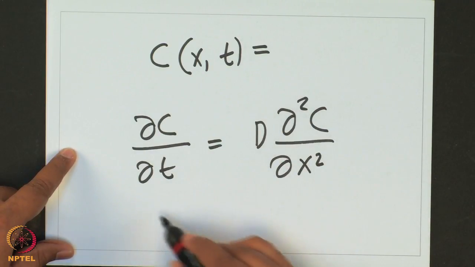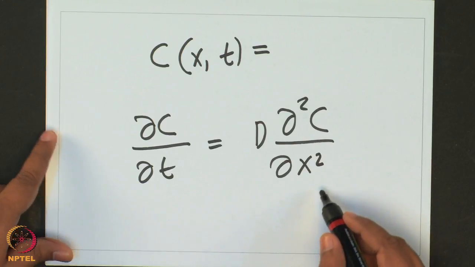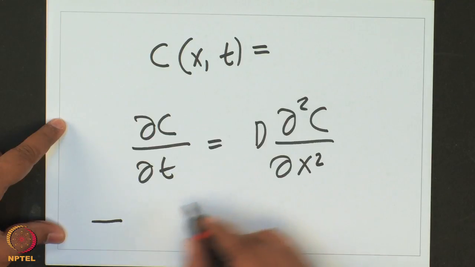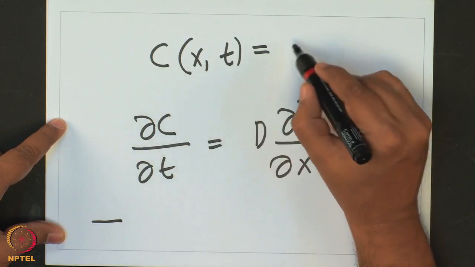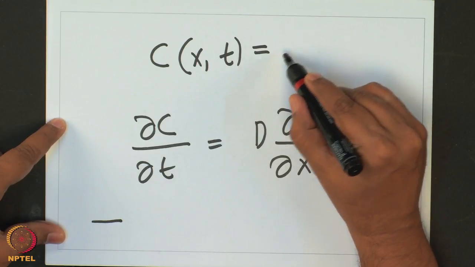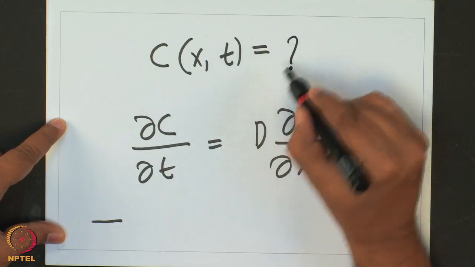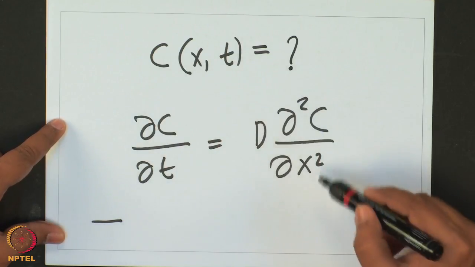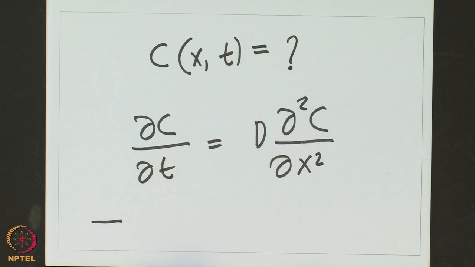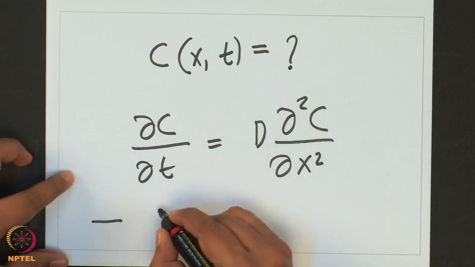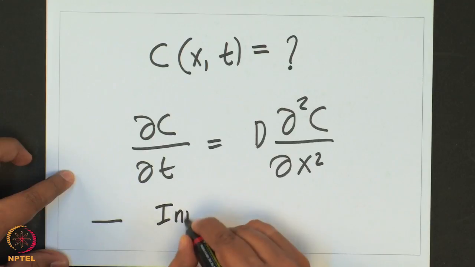This is the diffusion equation, and by solving this equation, we will get C as a function of time. So this C is a solution of this equation. To get C as a function of x comma t, we have to solve this equation. And to solve any differential equation, we need something called an initial condition.